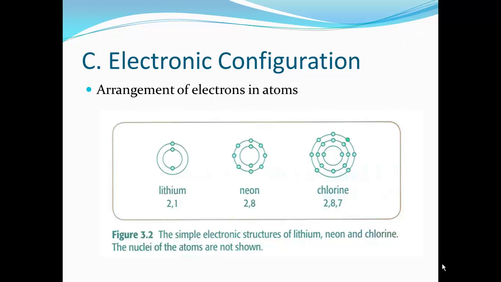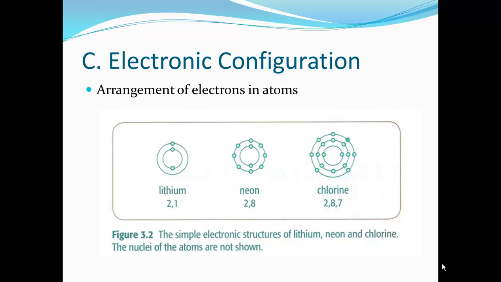So, for example, lithium arrangement is pretty simple. It has 3 electrons total, 2 in the first energy level because of hydrogen and helium, and then 1 on the outer shell. That's because they are in the first column. Neon has a full outer shell.